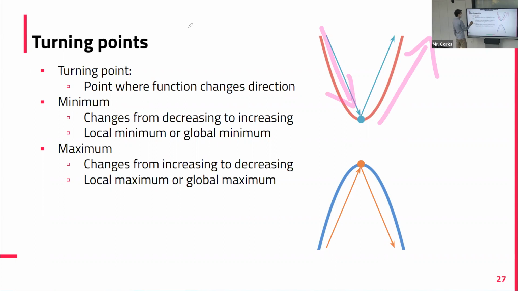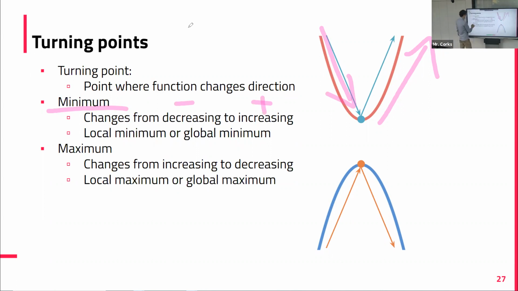So the first type we call a minimum point because it's a minimum point. That just makes sense. So slopes are going from decreasing to increasing, from negative to positive slope. And we can have two kinds of minimums, either just a local minimum in the immediate nearby area, or it could be a global minimum for the whole function.